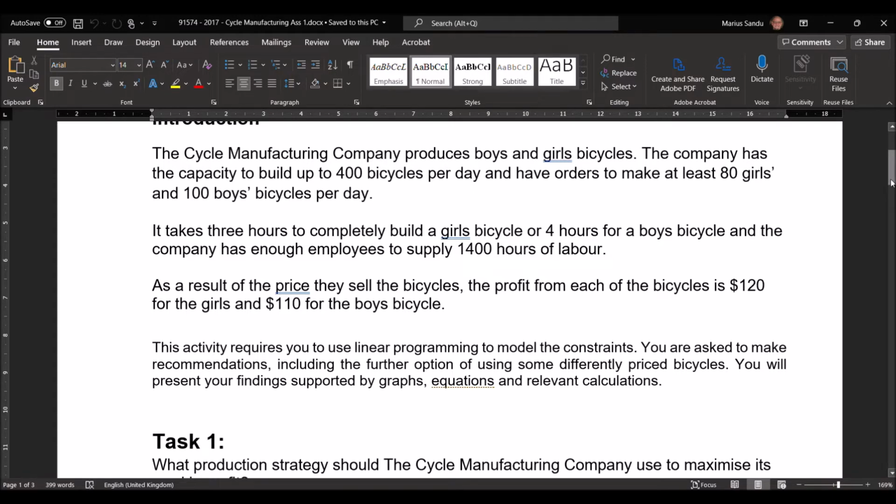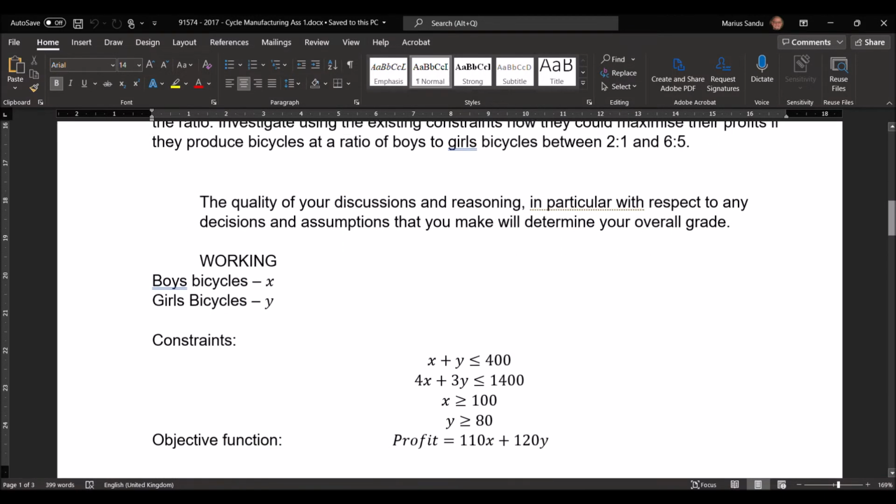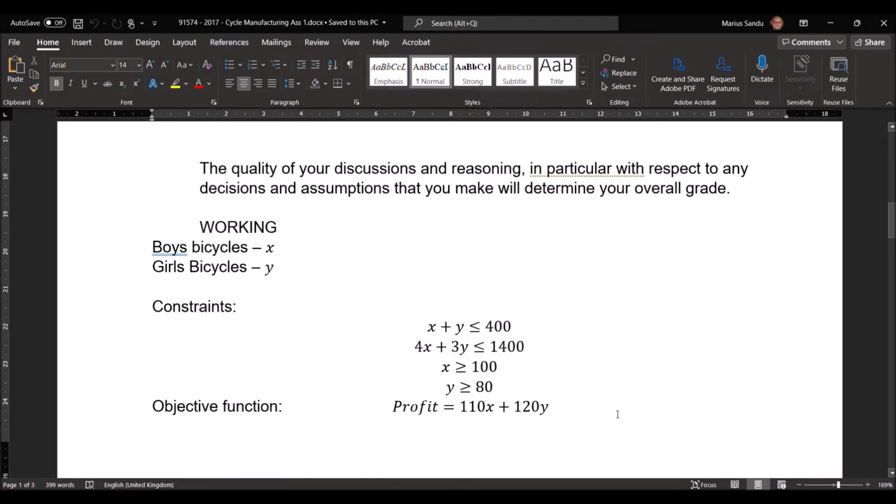So the objective function in our case here is $110 per boys bicycle plus $120 per girls bicycle. That gives us the total profit, and that is the objective function.